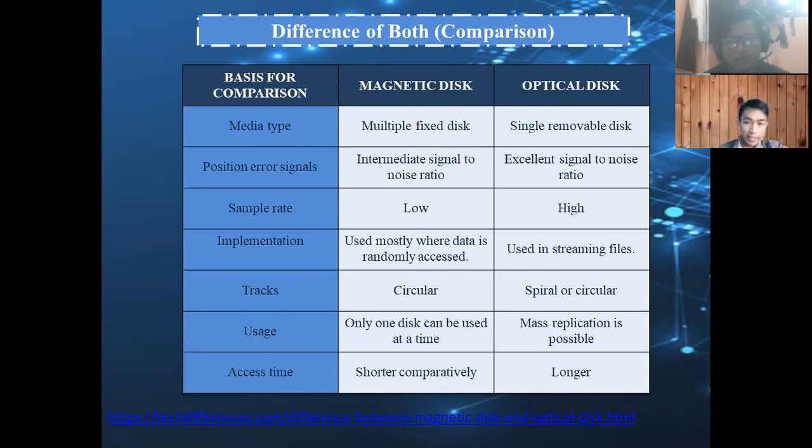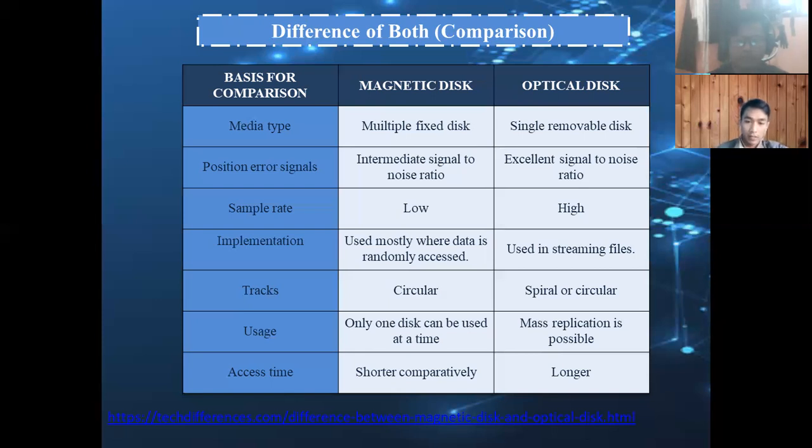For the symbol rate, magnetic is low and optical is high. For the implementation, magnetic is used mostly where data is randomly accessed, and optical is used for streaming files. For the tracks, magnetic is circular, and optical can be both spiral or circular.